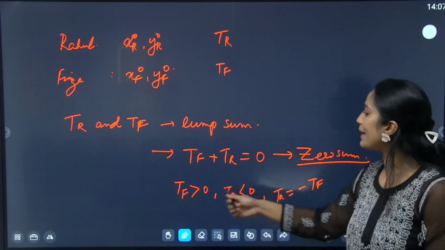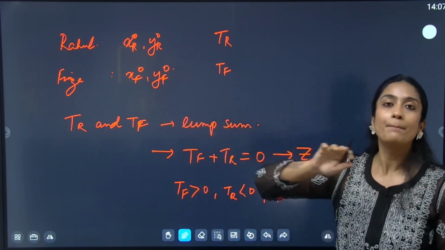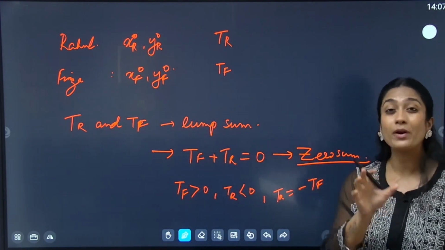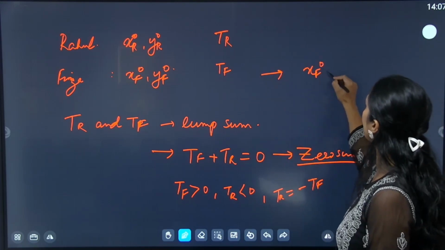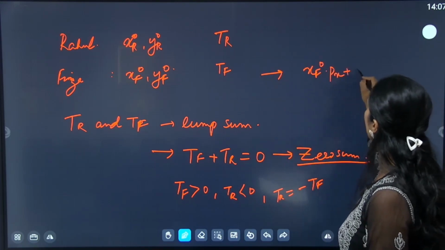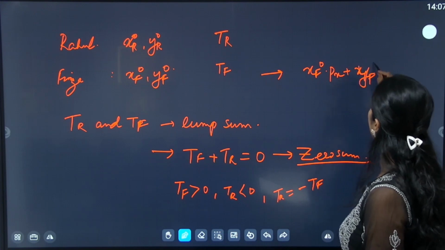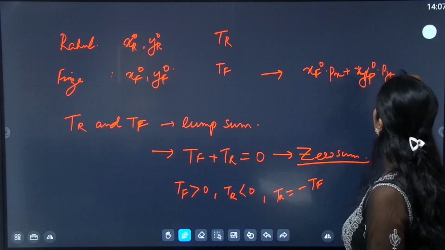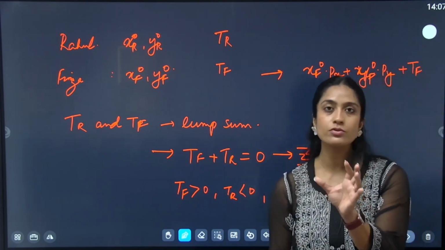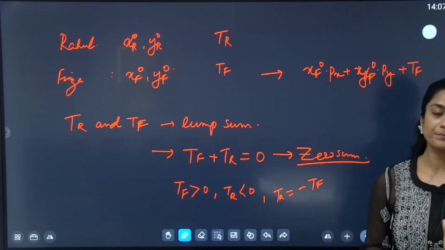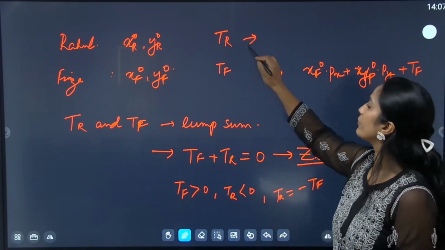So if TF is positive, whatever is the initial endowment of Fiza, which is XF naught times PX plus YF naught times PY, there will be some additional amount given to her. Okay, and where will this amount come from? This will be deducted from Rahul.